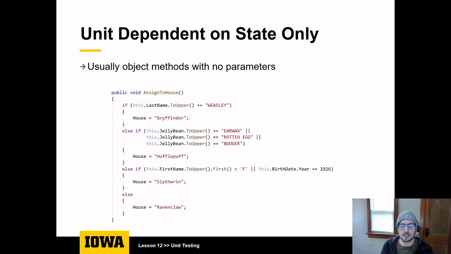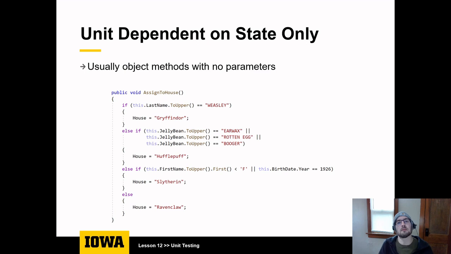But we also have units that are dependent on state only. These are typically going to be your object methods, classes that you have to create new objects for to actually call the methods. So object methods that have no parameters tend to be dependent on state only. AssignToHouse is a good example of that.